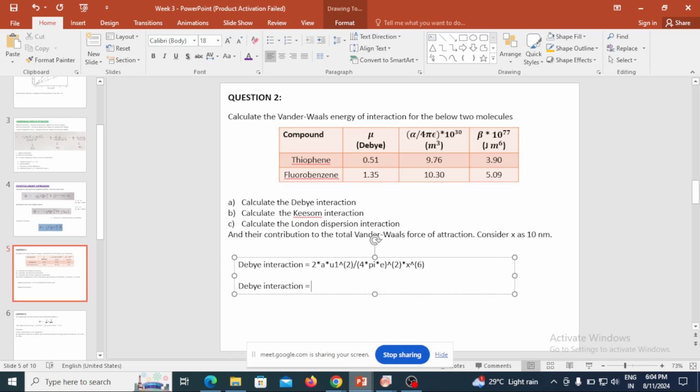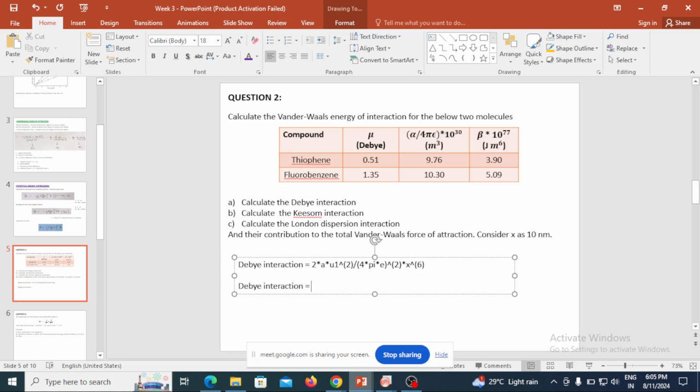So 1 debye is 3.335 into 10 to the power minus 30 coulomb meter. Please keep this in mind. This will be given to you in the question, because in the assignment question also, it is given what the conversion for debye is and what the value of epsilon is.